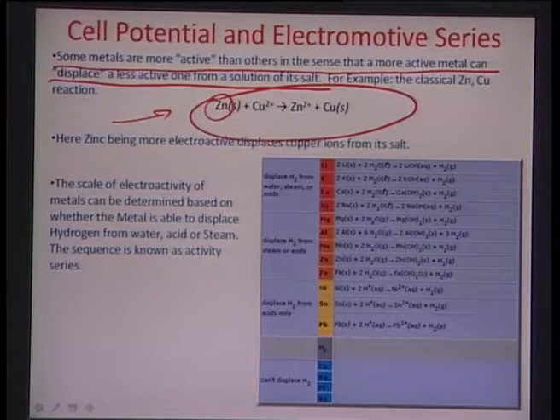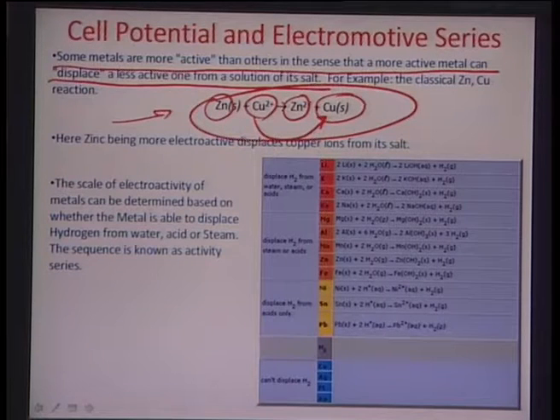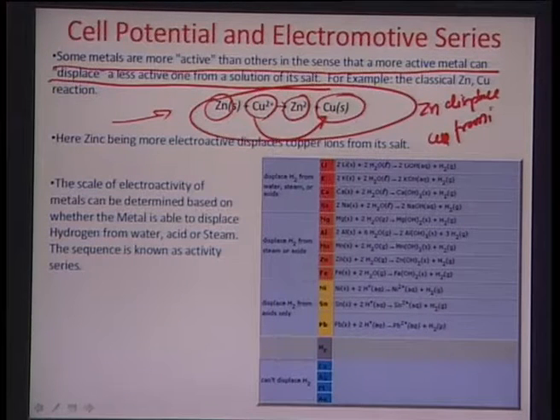The zinc was getting oxidized and going into the solution, and was displacing the copper +2 state as a copper deposit onto the electrode. So zinc was able to clearly displace copper from its salt solution. I can consider zinc to be more electroactive than copper ions.